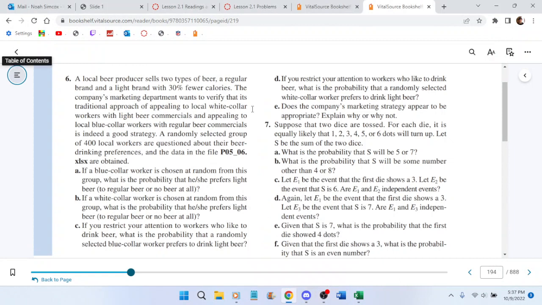It just doesn't feel right, because if a white collar worker is chosen at random from this group, yes? Hold on.